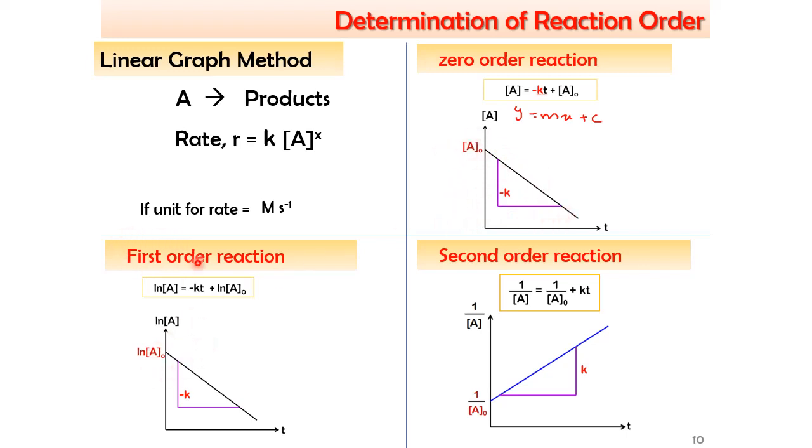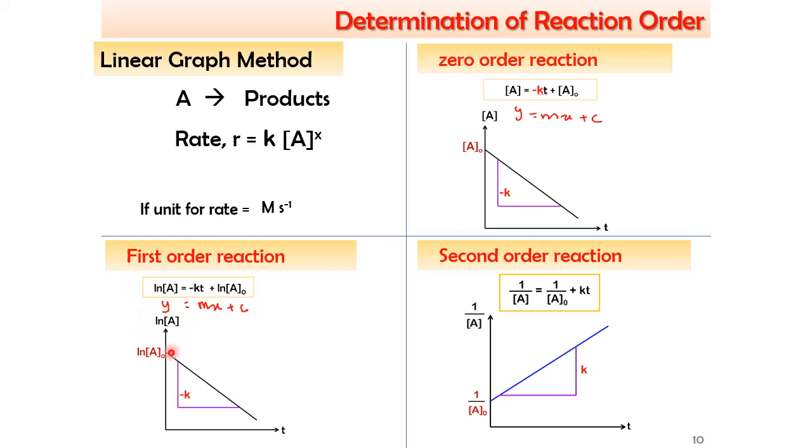Okay, and then for the first order, okay, the integrated rate equation is ln A yang guna ln, and then rearrange them equals to y equals to mx plus c, and then kamu akan dapat y-axis sepatutnya ln A, so ln concentration of your reactant.